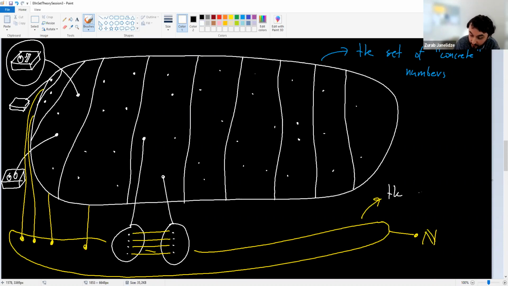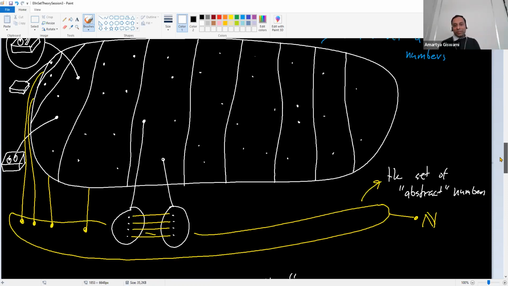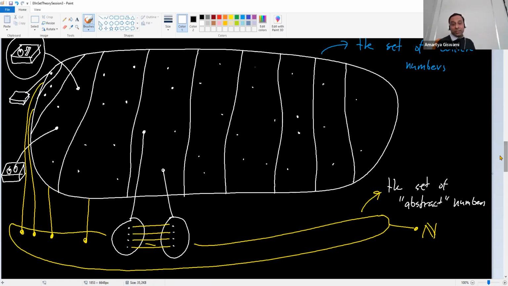So it will be the set of abstract numbers. And this links to another application of the idea of partition: partition can be seen as a set-theoretic way of understanding abstraction. So it is very funny, Zurab, that to a mathematician, 5 watermelons is the same thing as 5 fountain pens.